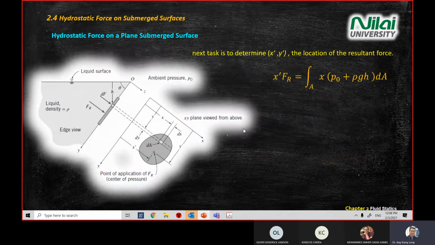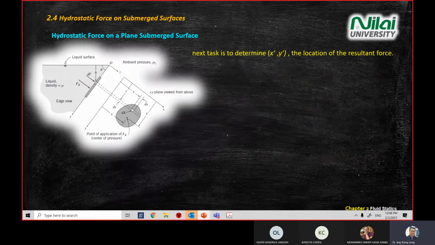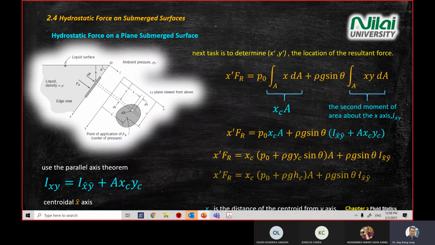And also there are some typo errors in our slides, especially on these slides. Here you will see that P equal to P0 plus rho GH. If you take your P component times the A, you get the force. So again, there's a correction on the slides here. You need to remove the A from the slide.